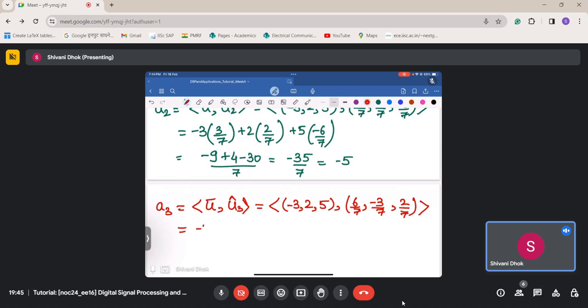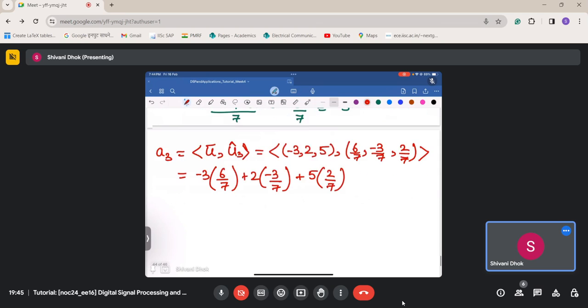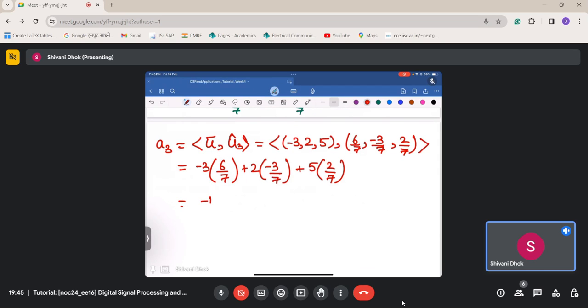So this is equal to minus 3 into 6 by 7 plus 2 into minus 3 by 7 plus 5 into 2 by 7. This is equal to minus 18 minus 6 plus 10 upon 7, which is equal to minus 14 by 7, which is equal to minus 2.